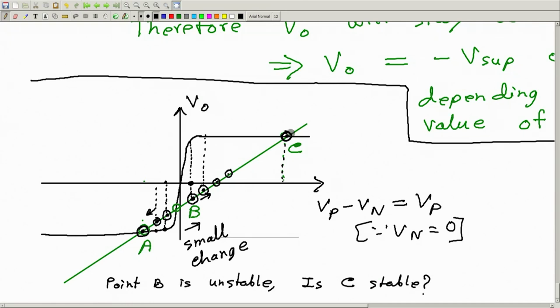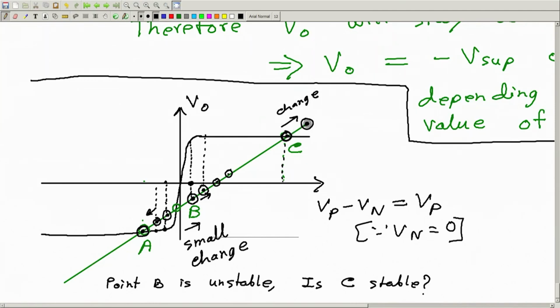Okay, so let's focus on this part. Now say I start from this point, and by some chance I move a bit away from this. Say the output VO is increased, therefore I come here. Again, a small change.